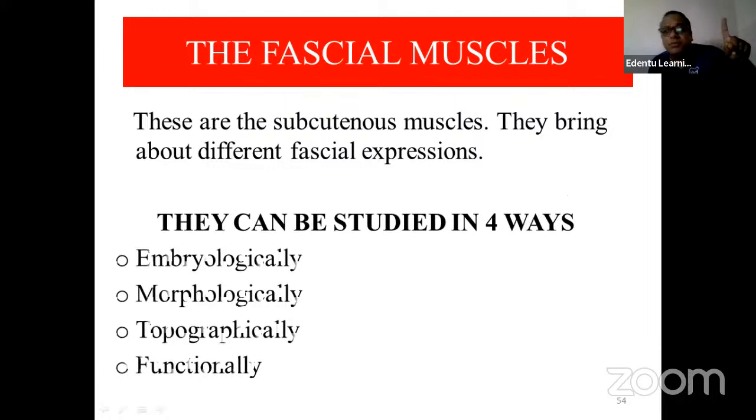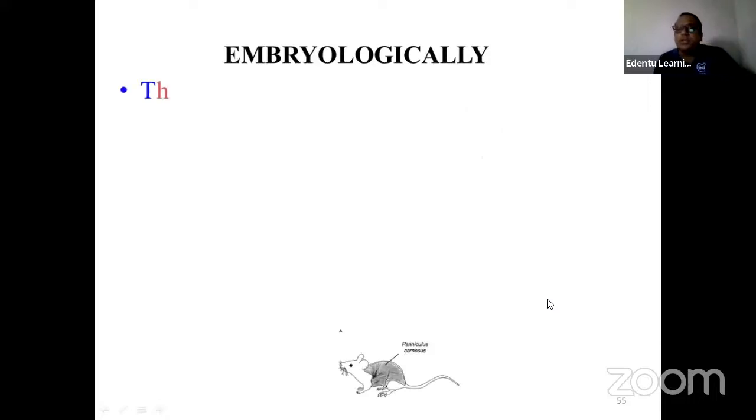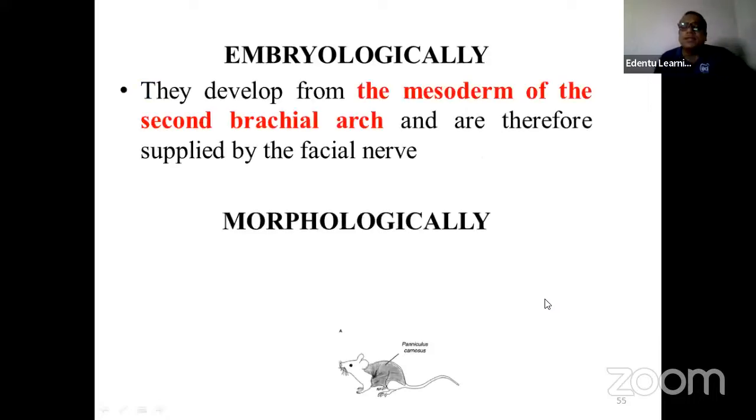We can study embryologically, morphologically, topographically, and functionally also. Embryologically, these facial muscles are from the mesoderm of the second branchial arch, and supplied by facial nerve.